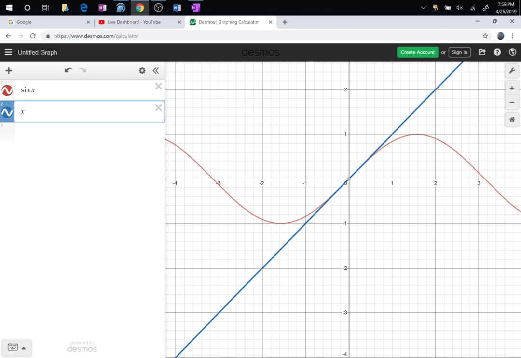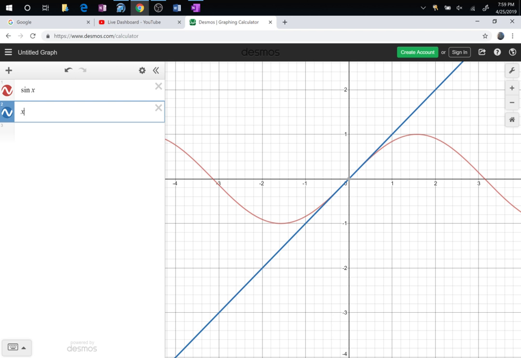So how far do they match? Well, do we know that this is where the pi's are? Negative pi and positive pi? We know that, right? Great. So at the peak of red is going to be pi over 2.